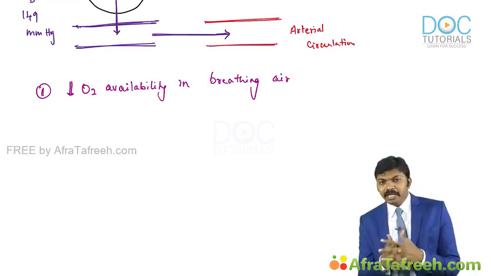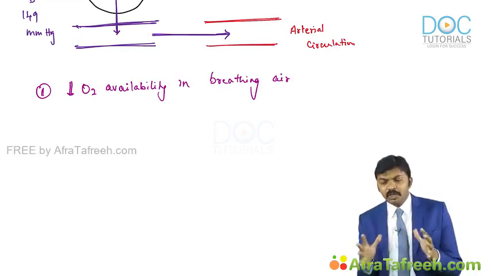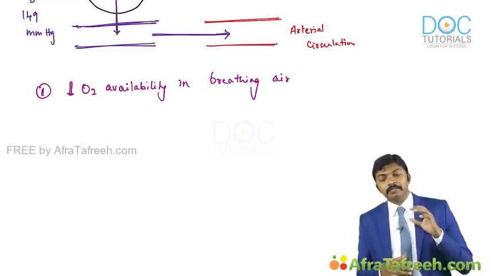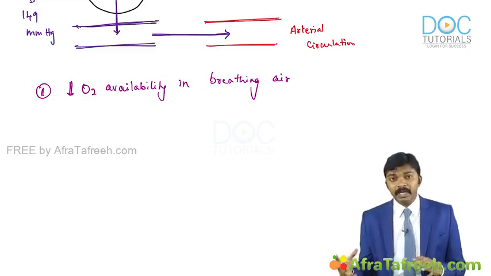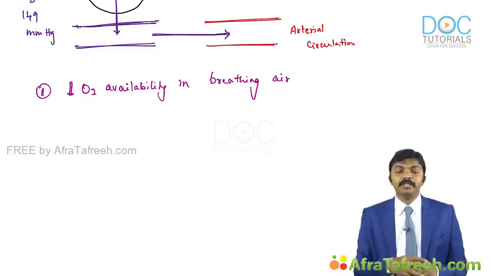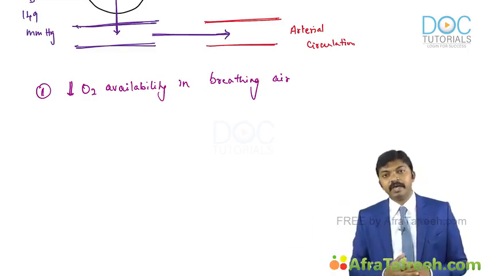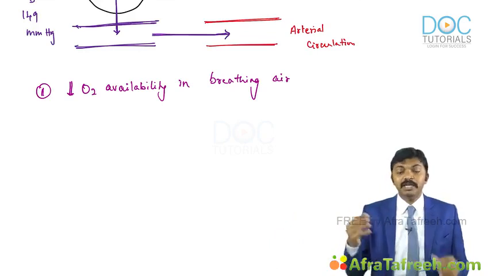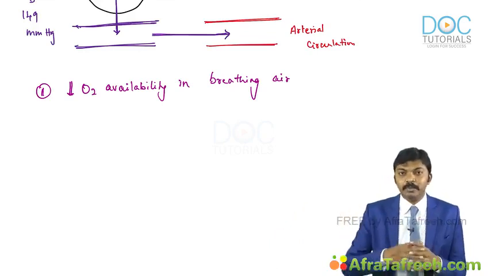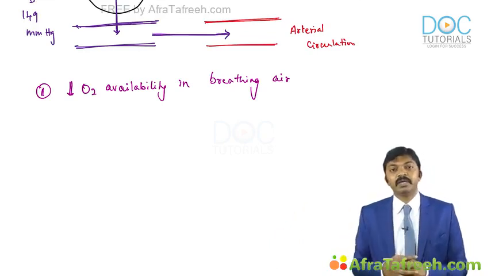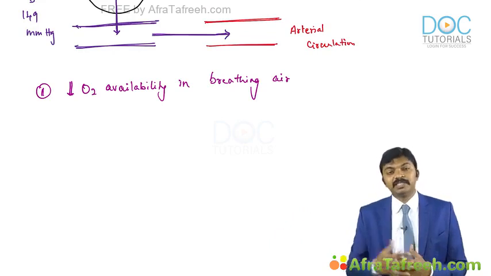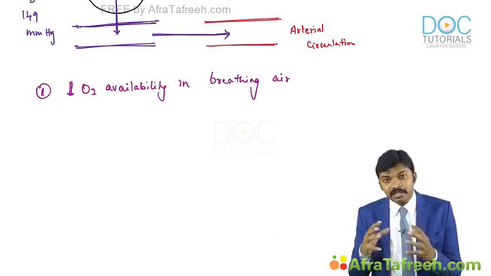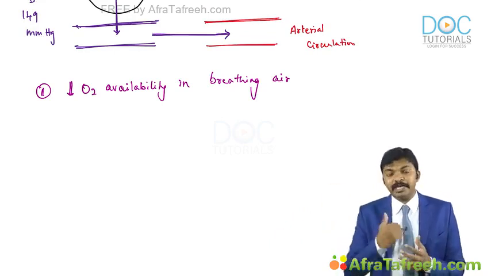When I say breathing air, it is not just room air, doctors. Patients who are intubated on a mechanical ventilation, if the fraction of inspired oxygen in the air coming from the ventilator falls, this also gets considered as a reduction in oxygen availability of the inspired air.